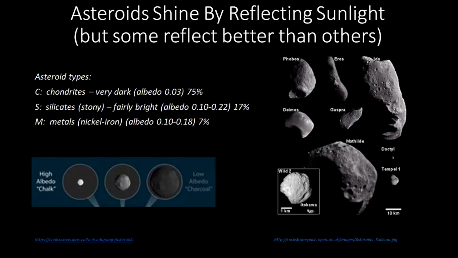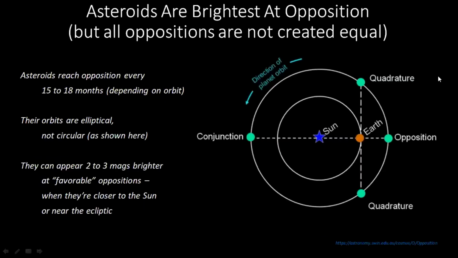Now, asteroids, of course, are not as bright as the moon because they're much farther away. And that's the other factor we have to take into account in determining how bright asteroids are going to be.